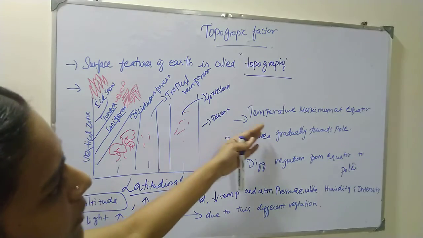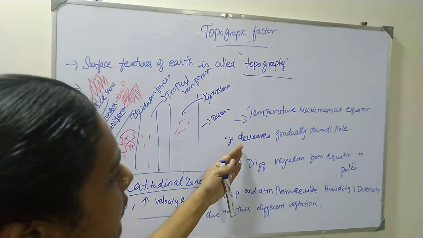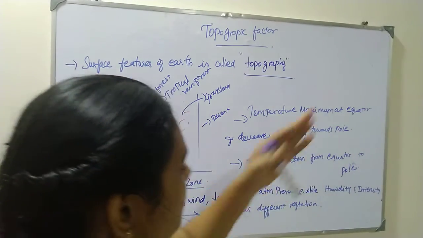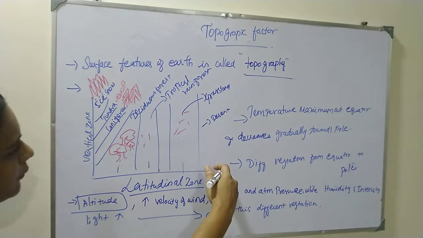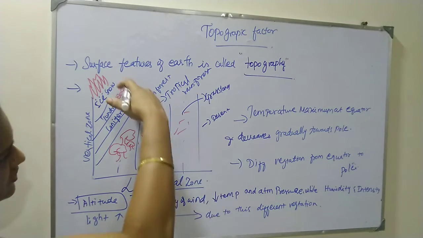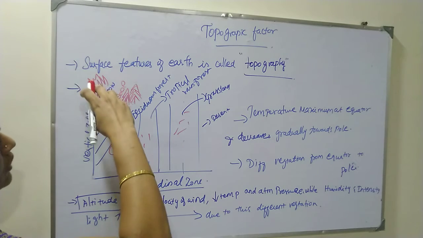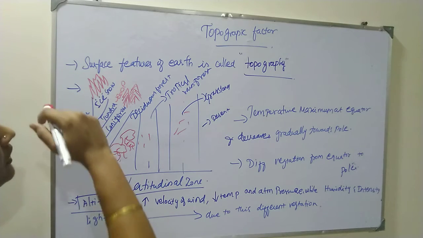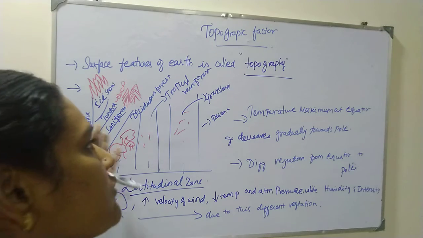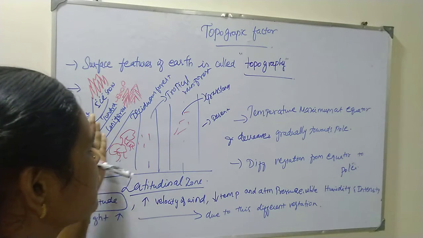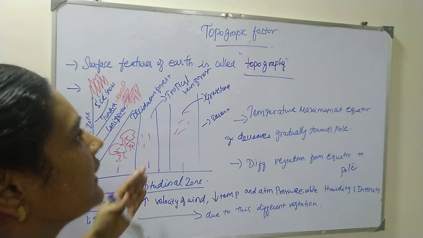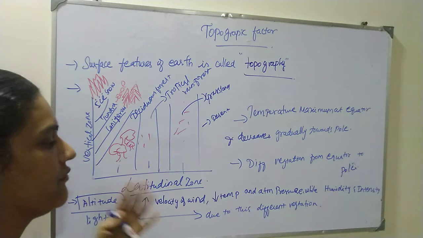The temperature is maximum at the equator and decreases gradually towards the pole. So towards the pole the temperature decreases, and towards the equator the temperature is more. Depending upon the temperature and aeration, the plants vary from place to place. The vegetation varies completely with the latitude factor.